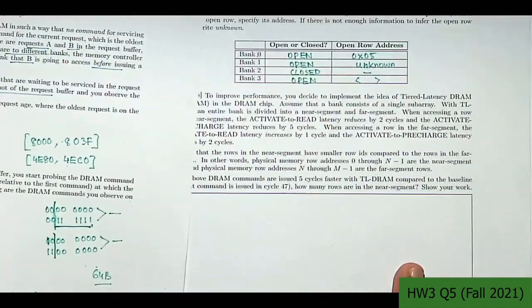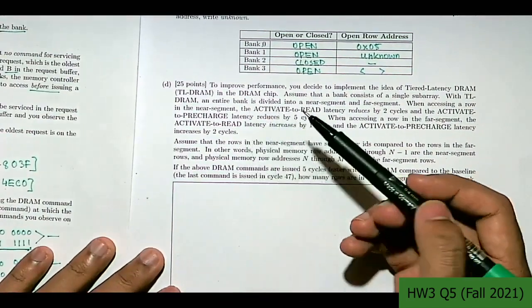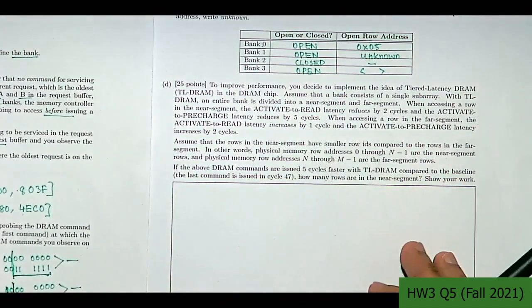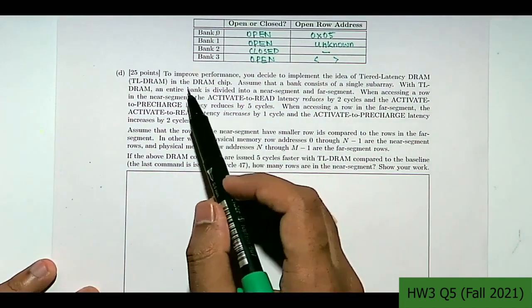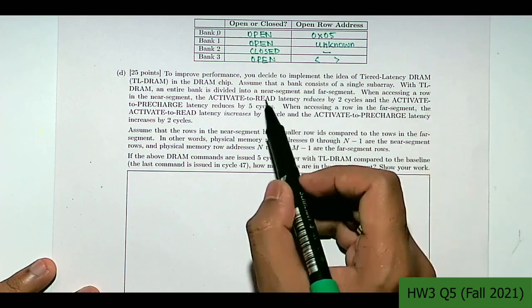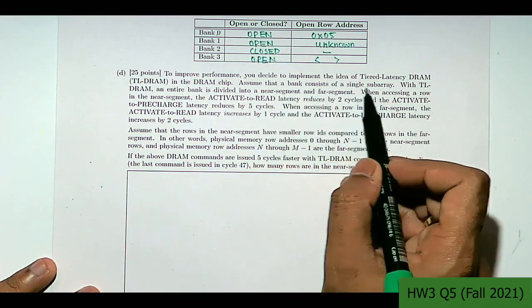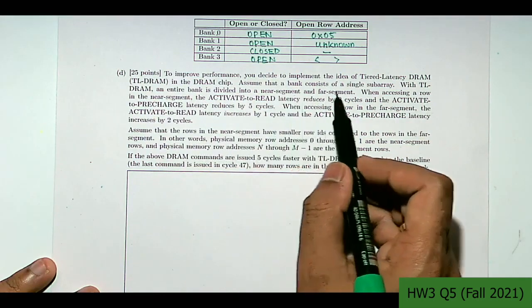Okay. Now comes the trickiest part of the question. This question talks about the DRAM architecture. You probably have gone through the DRAM architecture, right? It says that to improve the performance, you decide to implement the tiered latency DRAM. Assume that the bank consists of a single subarray. With this DRAM, an entire bank is divided into a near segment and a far segment.